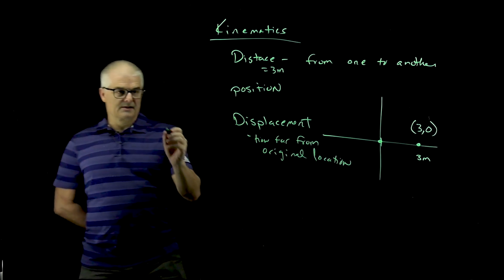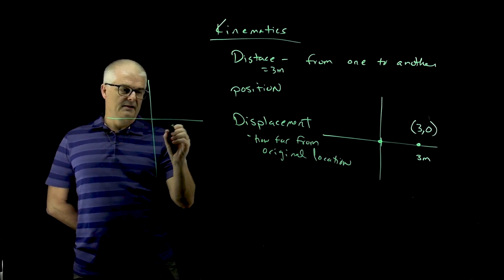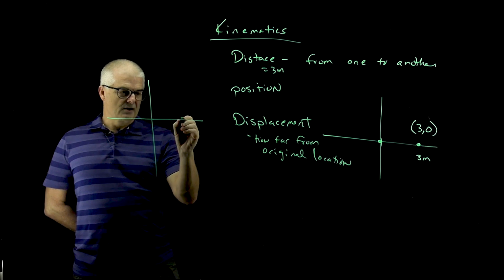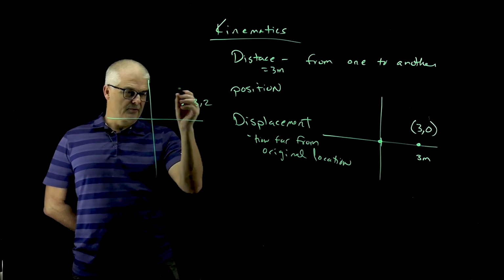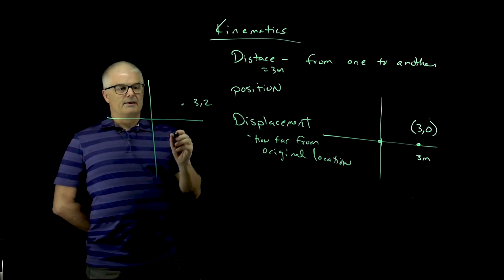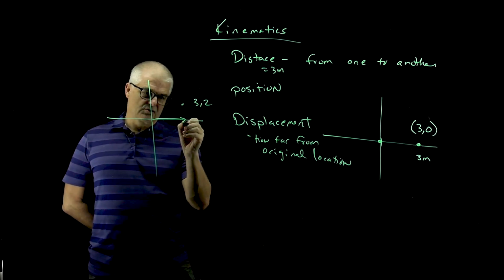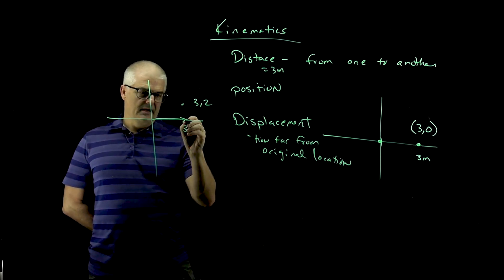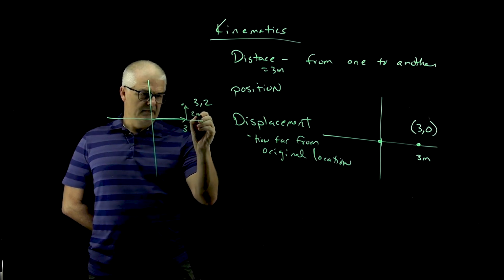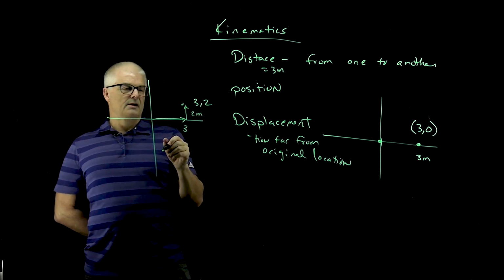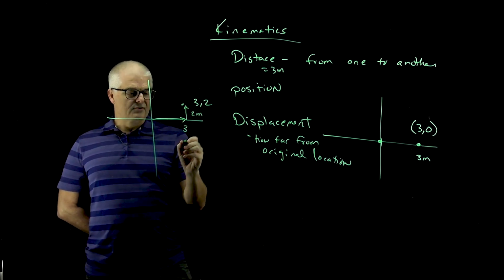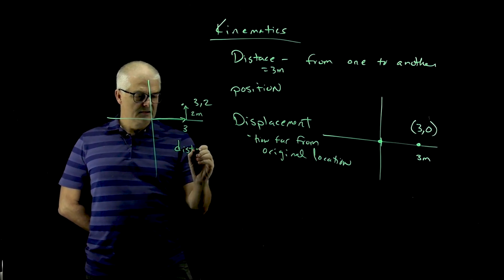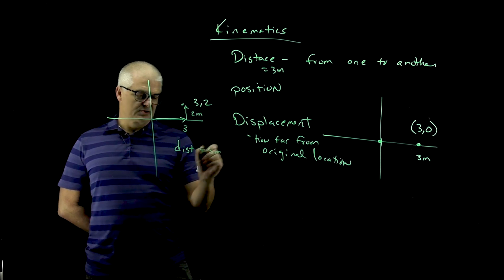But let's take a second example. Let's say I have a coordinate plane, and somebody travels to (3, 2), so over 3 and up 2. They've traveled in the X direction 3 meters and in the Y direction 2 meters. If the person walks from here to here, they've traveled a distance of 5 meters, 3 plus 2.